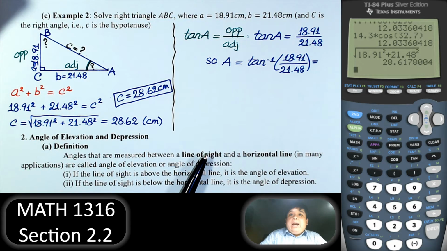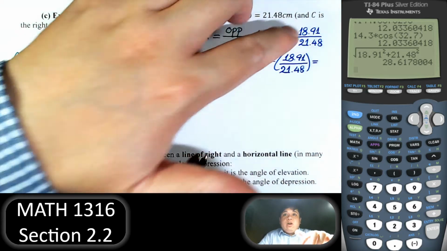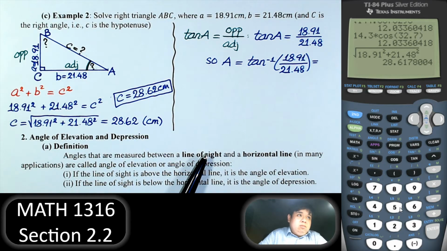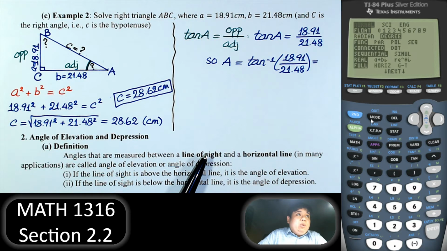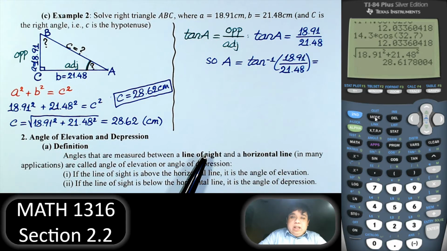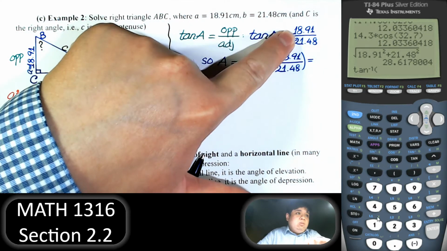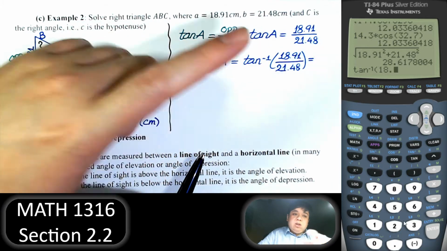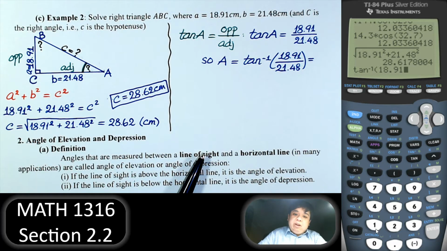So once again, I'm not going to enter the ratio first and then the tangent inverse. More important, when we do the inverse, make sure again to calculate in the right mode, in the degree mode. So tangent inverse, type the ratio as possible because those are the exact numbers that are given. Divide by 21.48.